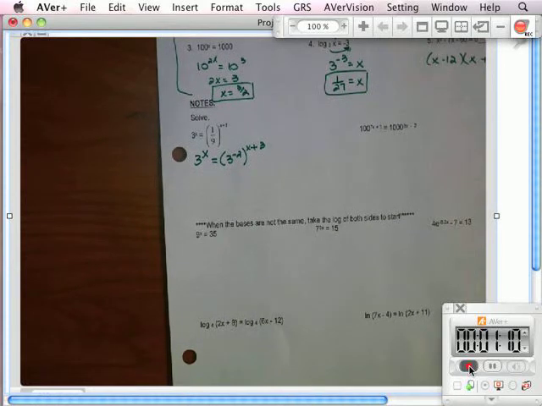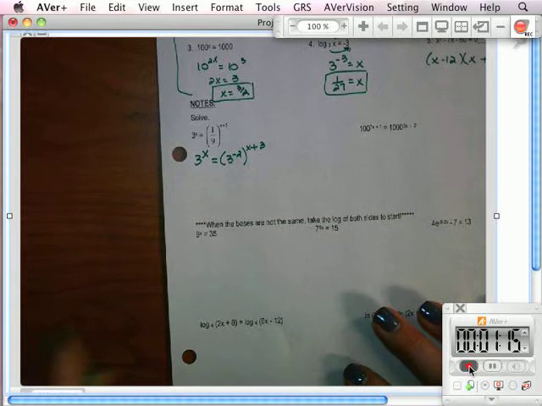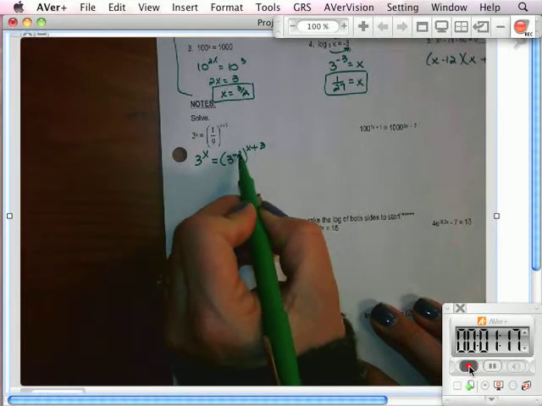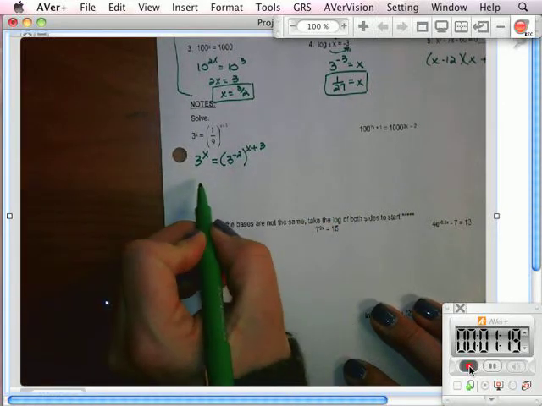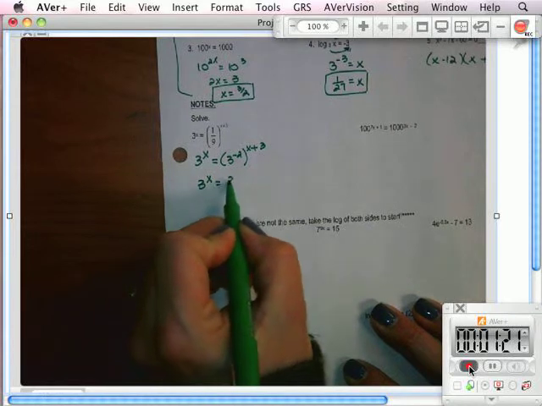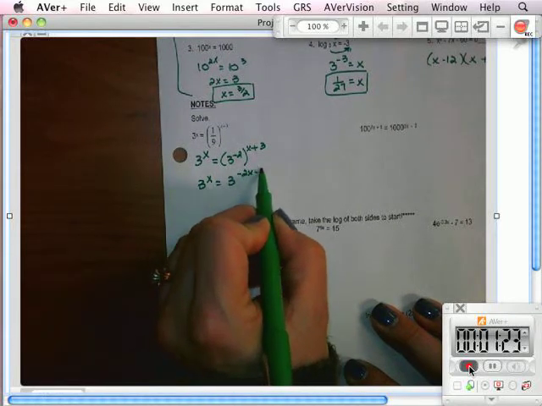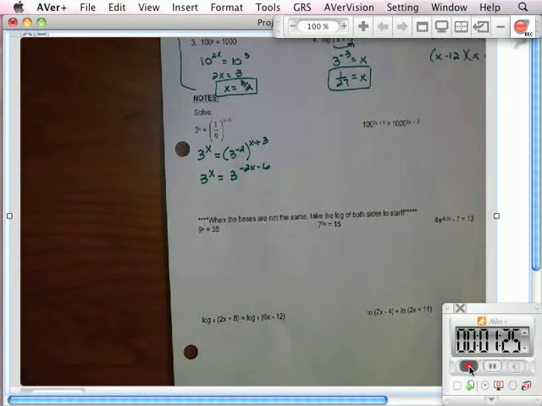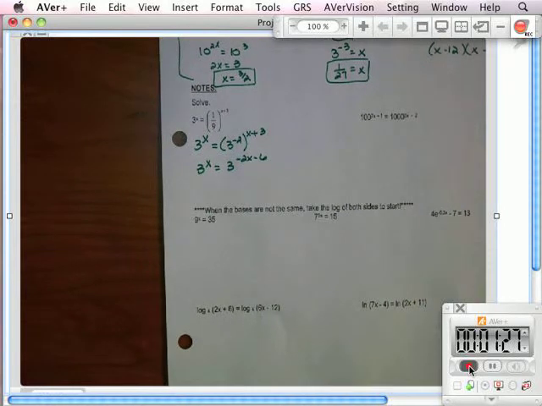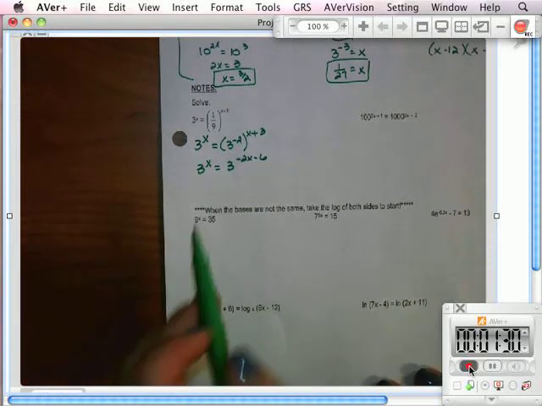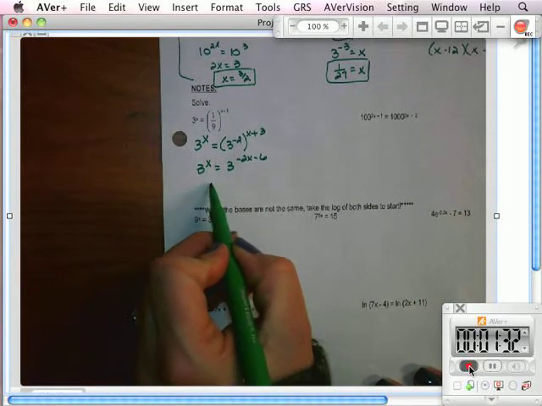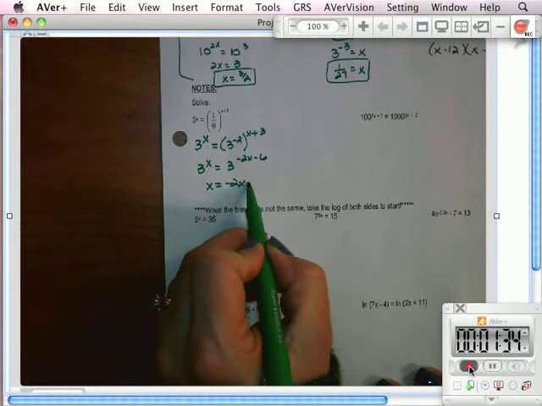Okay, now what would be the next step? Yeah, it's going to be a power to a power, which means it's negative 2 times that stuff. So it's going to be 3 to the negative 2x minus 6. Okay? Now I have the same base. I can just say that the exponents are equal and solve for x.